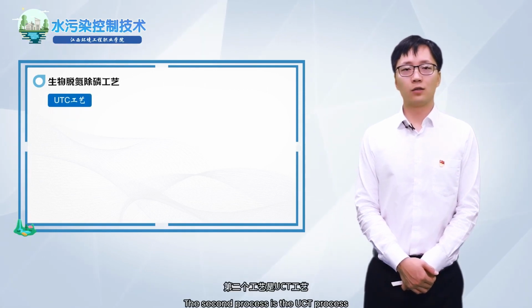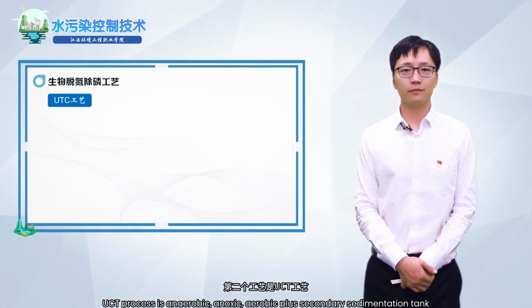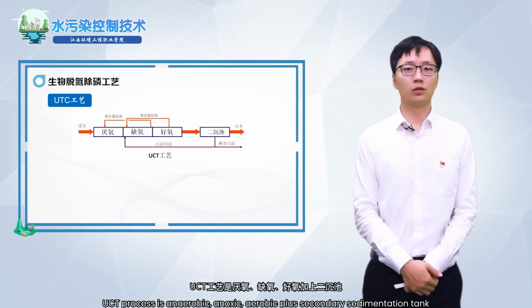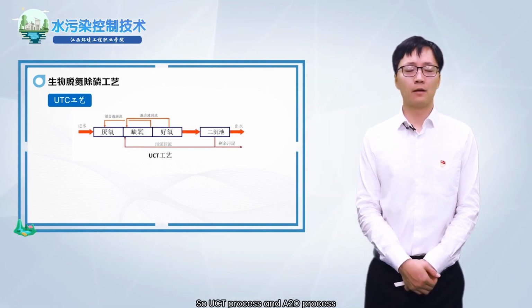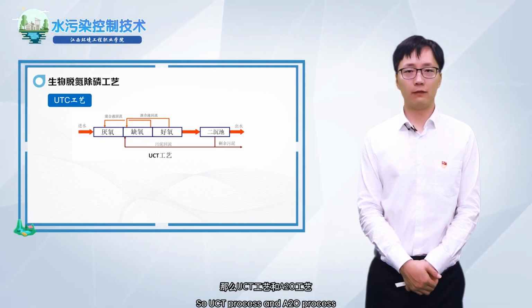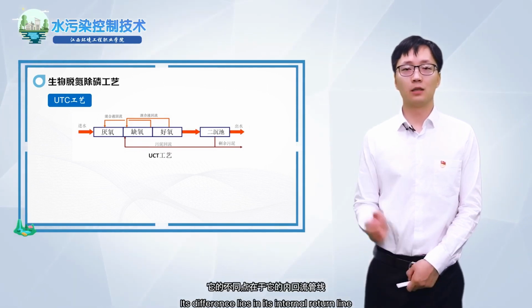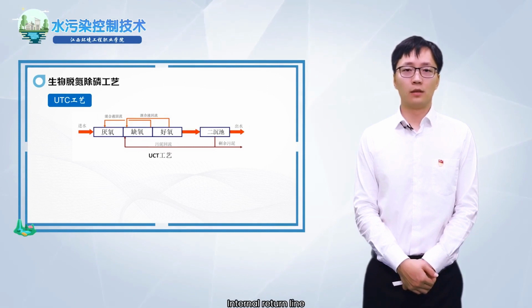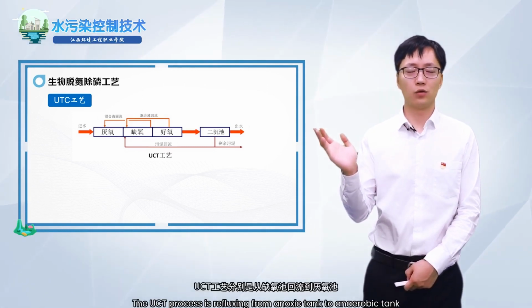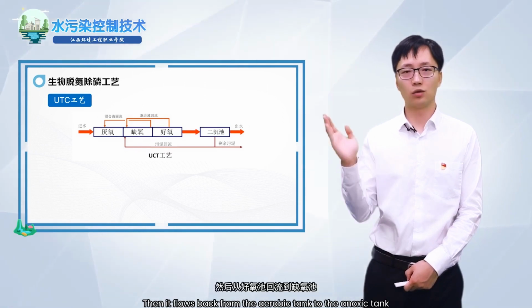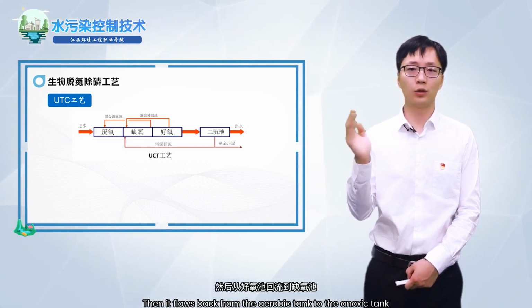The second process is the UCT process. The UCT process is anaerobic, anoxic, aerobic plus secondary sedimentation tank. So the difference between the UCT process and the A2O process lies in its internal return line. In the UCT process, the internal return line refluxes from the anoxic tank to the anaerobic tank. Then it flows back from the aerobic tank to the anoxic tank.